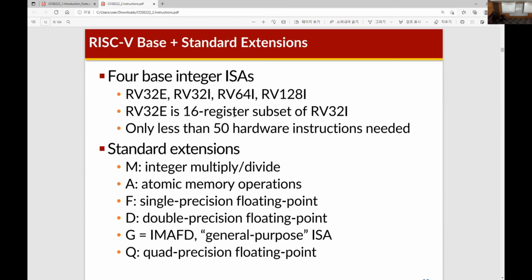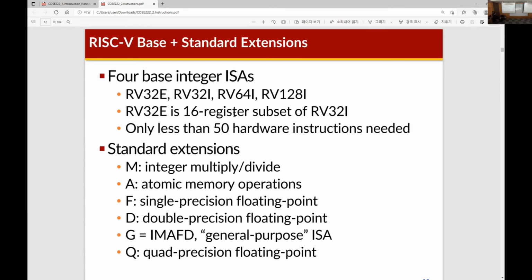Actually, with this simple integer type ISA, we can run programs. We can make a processor. Also, we can add more instructions supported by extensions of the RISC-V ISA. If M is included after this I, it means the M type extension, which includes the multiply and divide instructions.